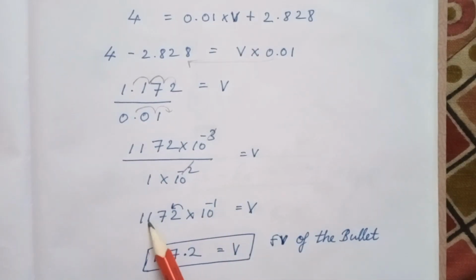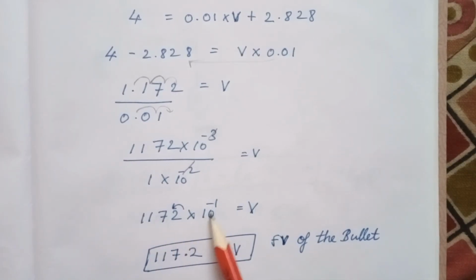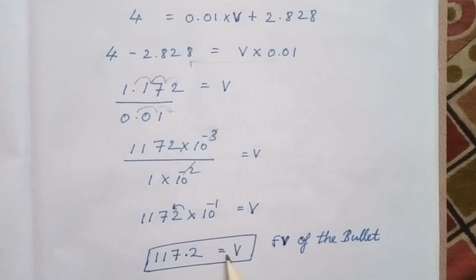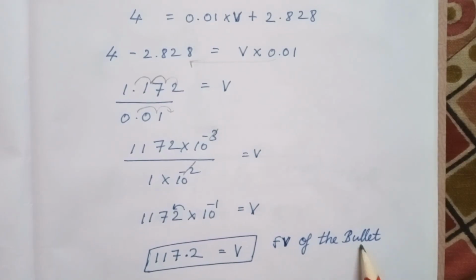Cutting this, we get 117.2 is equal to v, the final velocity of the bullet.